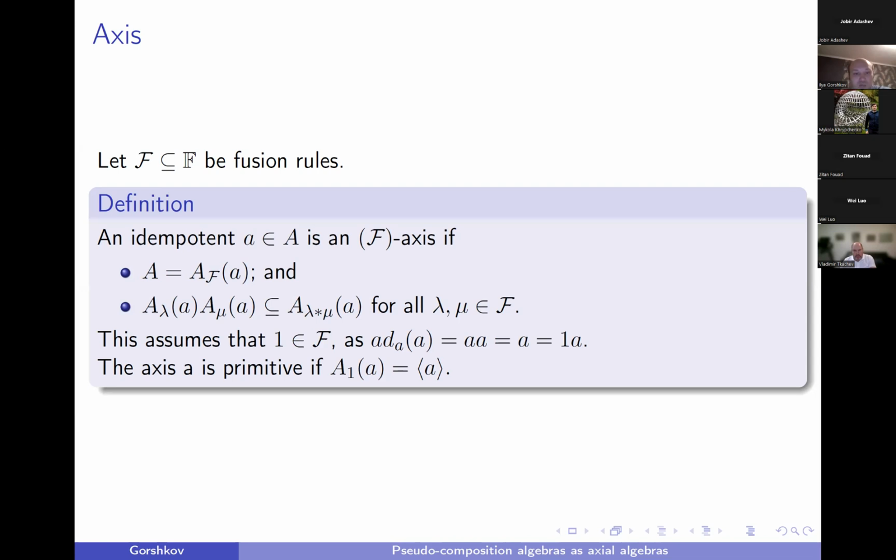Okay, now we can define what an axis is.